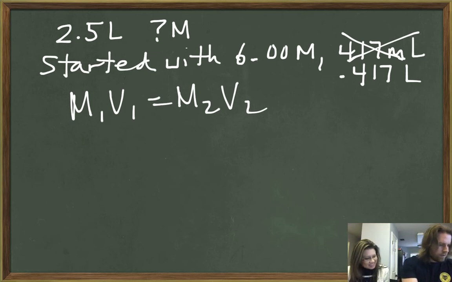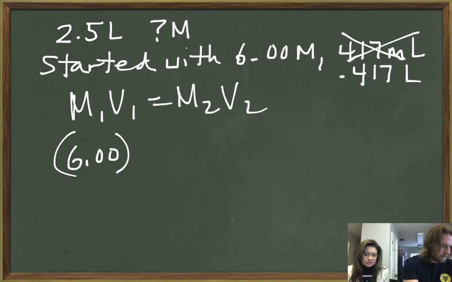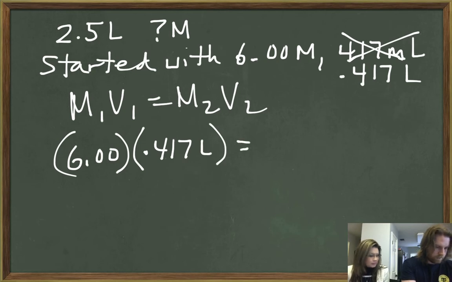Molarity 1 was 6.00 times volume 1. We started with 0.417 liters. I'm putting some units and not all of them. Forgive me. Molarity 2 times volume 2, which is 2.5 liters.